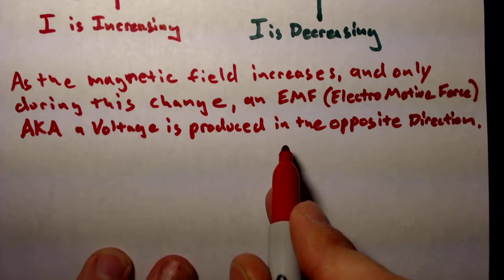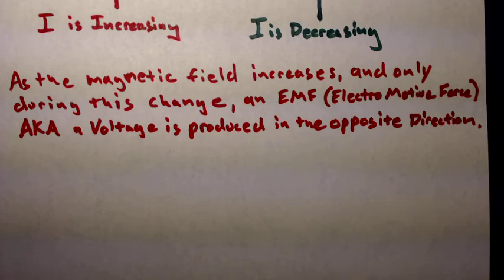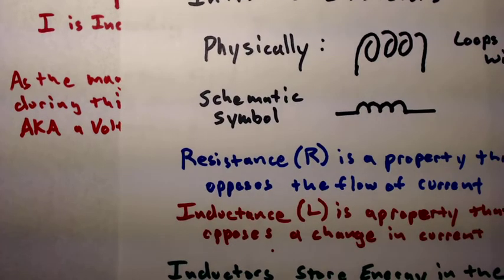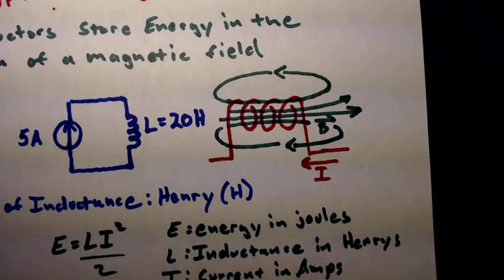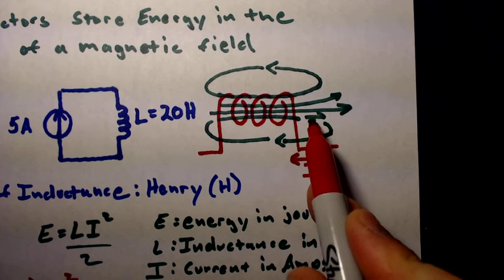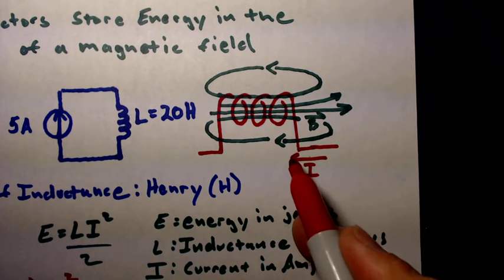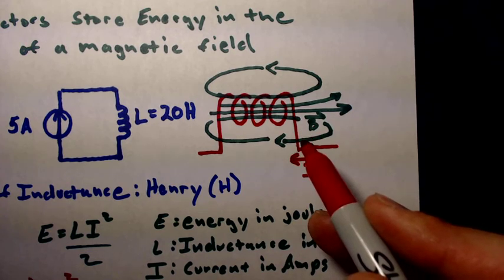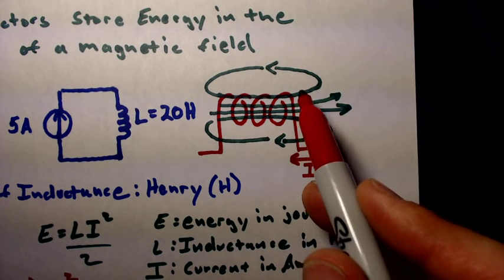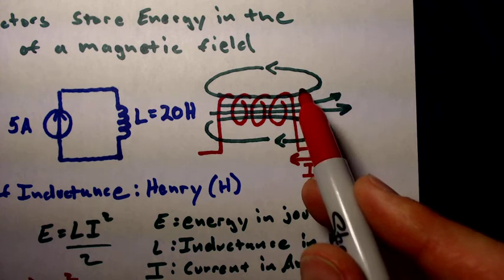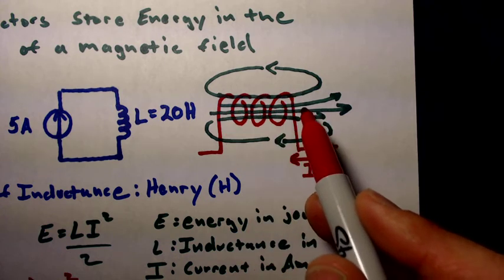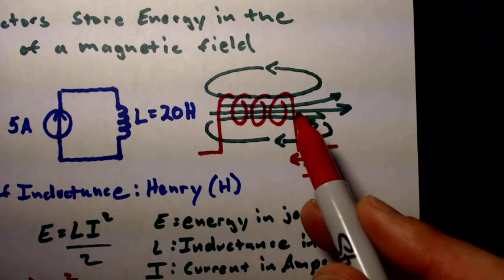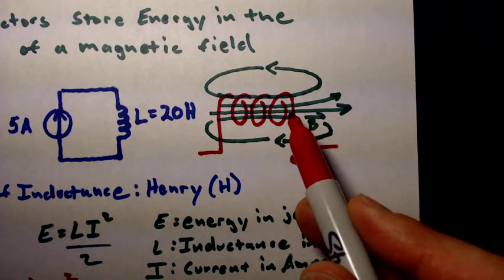Okay, so here's what's going on. We had zero magnetic field, we put current through it, and we have this expanding magnetic field. As the magnetic field expands, it moves through the coils of this inductor and produces a voltage.